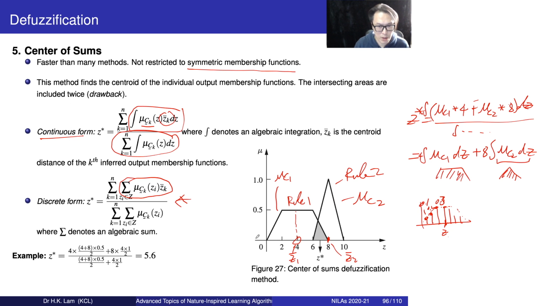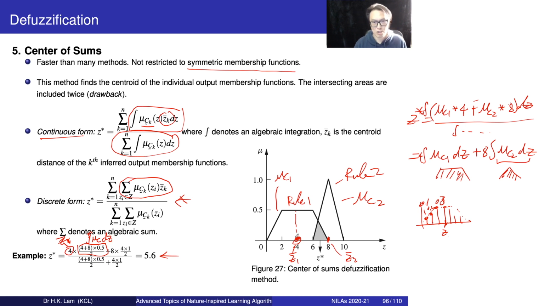Now, when we look at this specific example, for the continuous case, we have this value. This 4, that is z1 bar, is this value as I mentioned. So 4 times this bit, that is the integration of mu c dz.